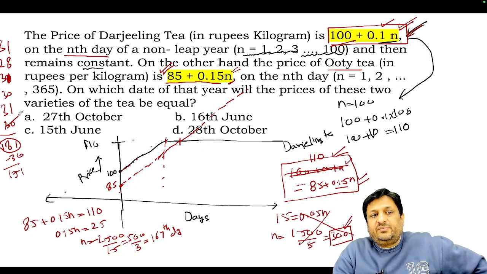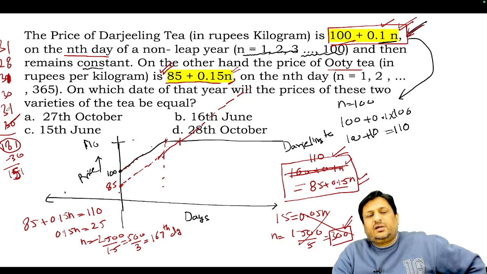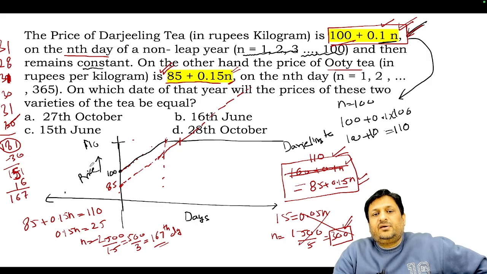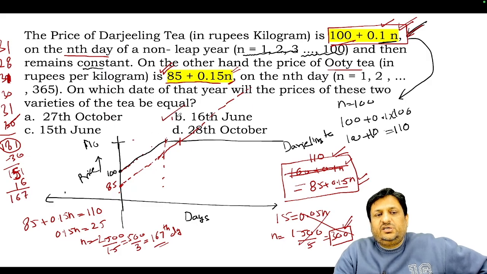So if I eliminate June, I will get 151 days till 31st of May. After that I have to add 16 more days. So if I add 16 more days, I will reach the 167th day. So it means my answer will be 16 June.